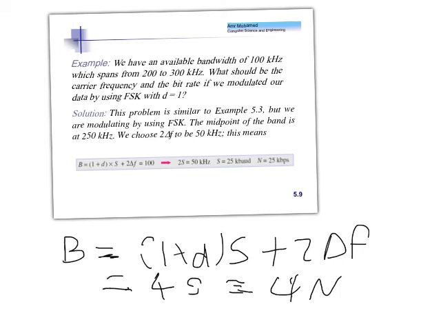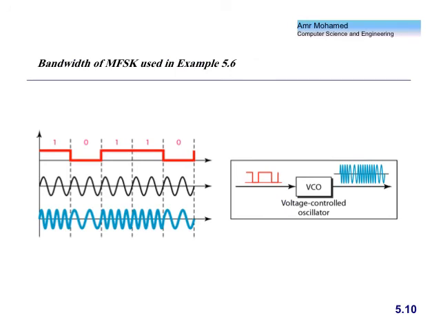Okay. The implementation of FSK is a little bit more complicated, because now I have to have a signal generator, an oscillator with variable frequency. This is what we call a voltage controlled oscillator, or variable frequency voltage controlled oscillator. And that's a complicated circuit compared to a multiplier.